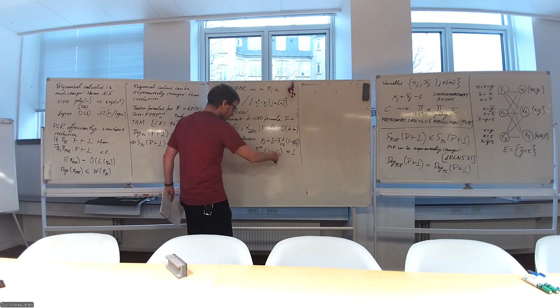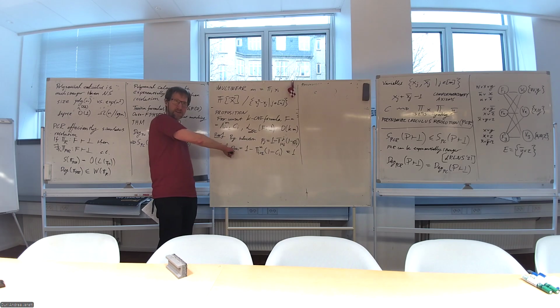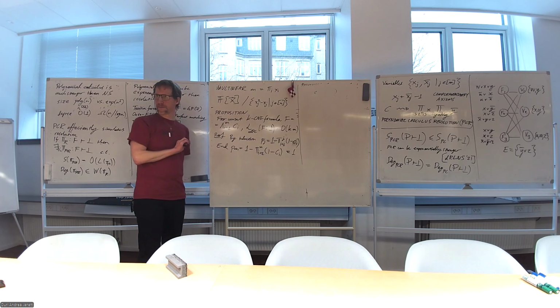And that means that this product is going to vanish, so we only pick up this one. So this is a polynomial that when evaluated over 0, 1 to the n is identically 1. It's not the identically 1 polynomial, but it evaluates to 1 everywhere.